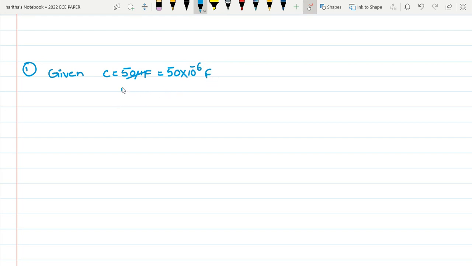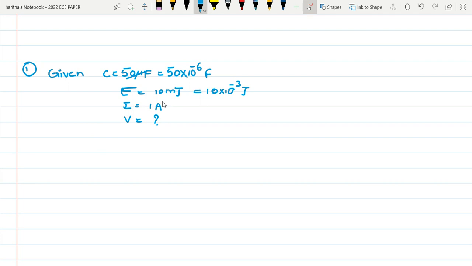And energy retained in the capacitor is given, E is equal to 10 millijoules, which is 10 into 10 to the power of minus 3 joules. So next, current is 1 ampere, and we have to find out the voltage across the capacitor, V.